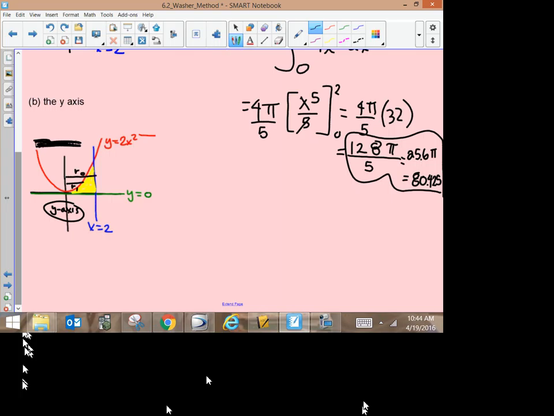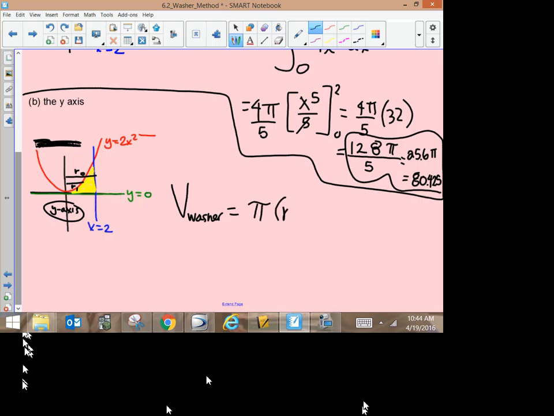If we have two pieces, that is clearly a washer. Just like we had to memorize the disk formula, what's the washer formula? R out squared minus R in squared, times pi.